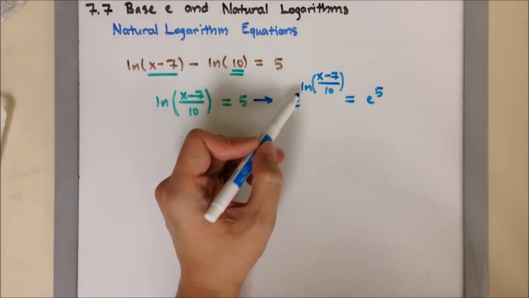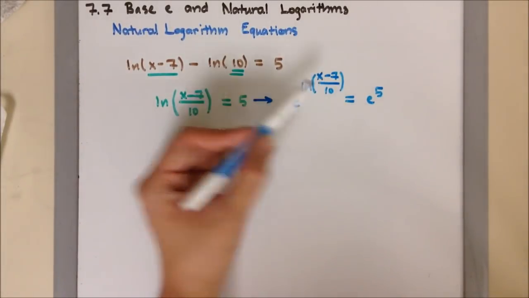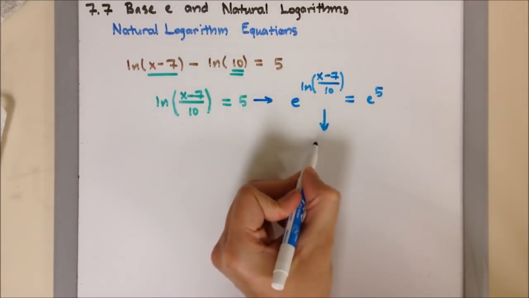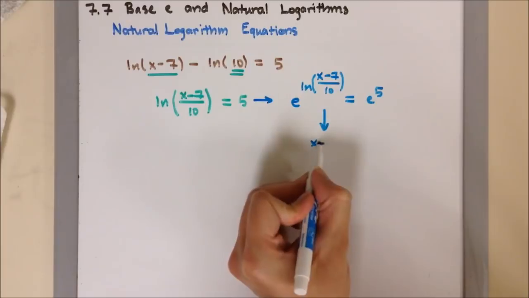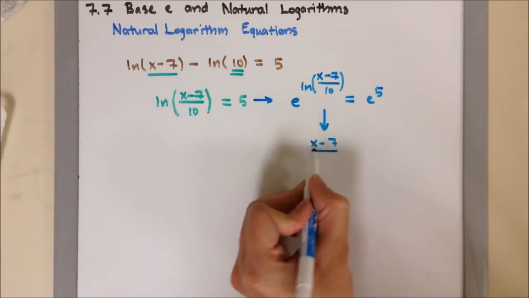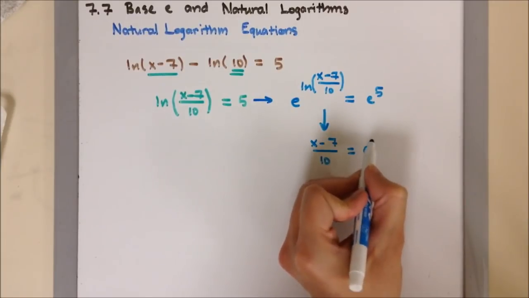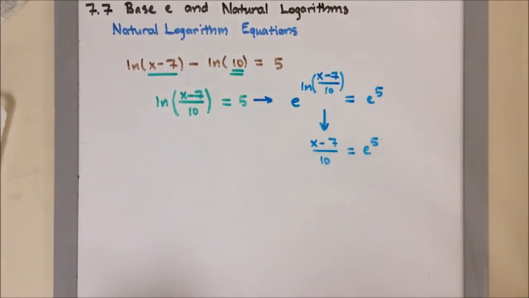Now since I have e to the power of natural log, I'm going to bring down the inside, write it as a regular size x minus 7 over 10 equal to e to the 5th power.